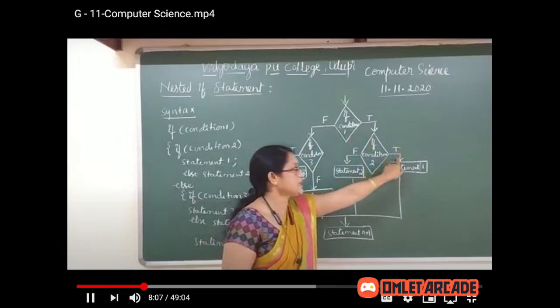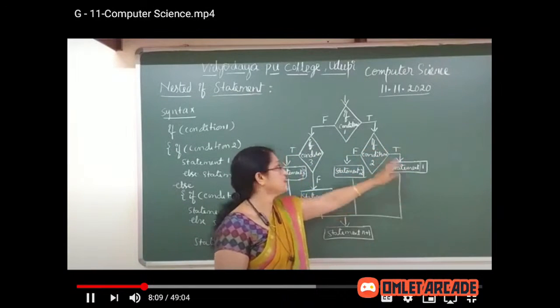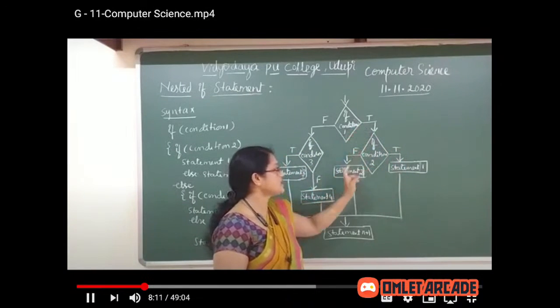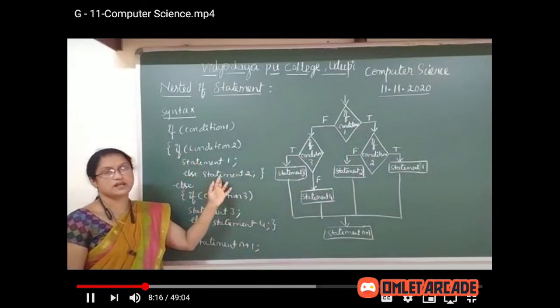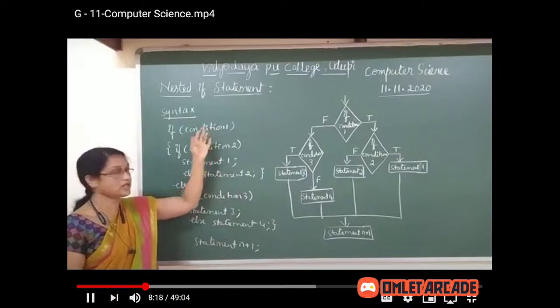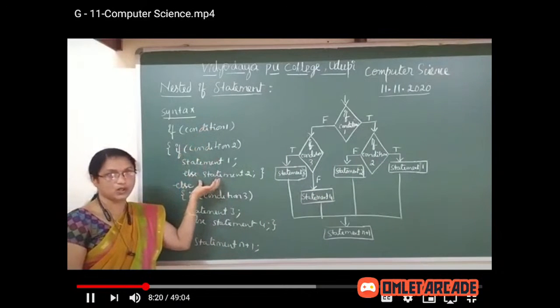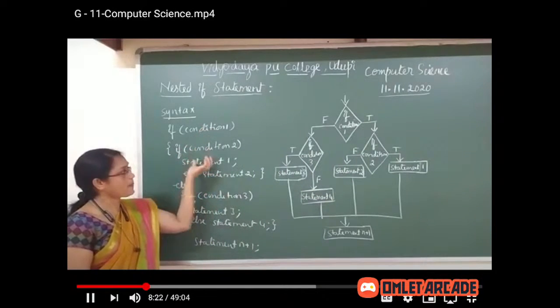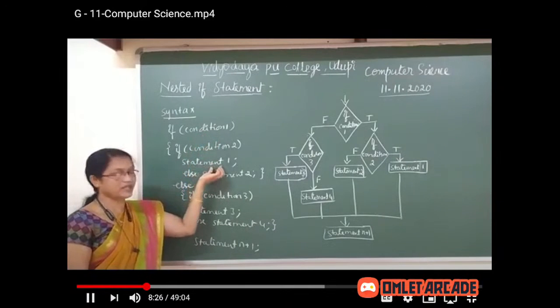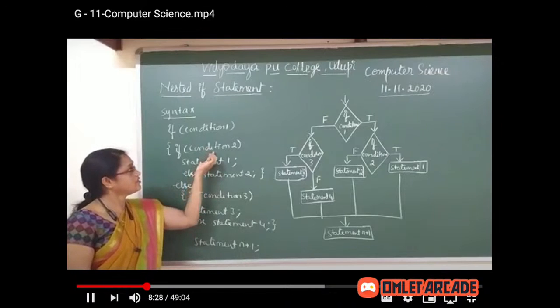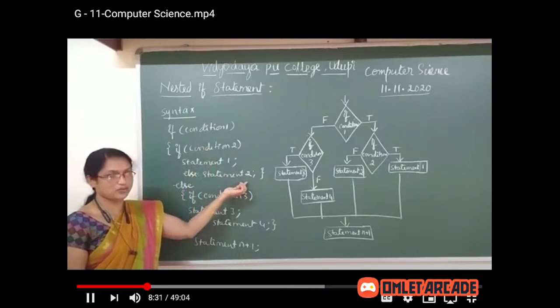First condition is true, second condition is true, then statement 1. See, first condition is true, second condition is false, then control comes here. Not this condition, the inner one. So if it is true, then it checks this one. If both are true, then this one. Next, if it is false, statement 2.